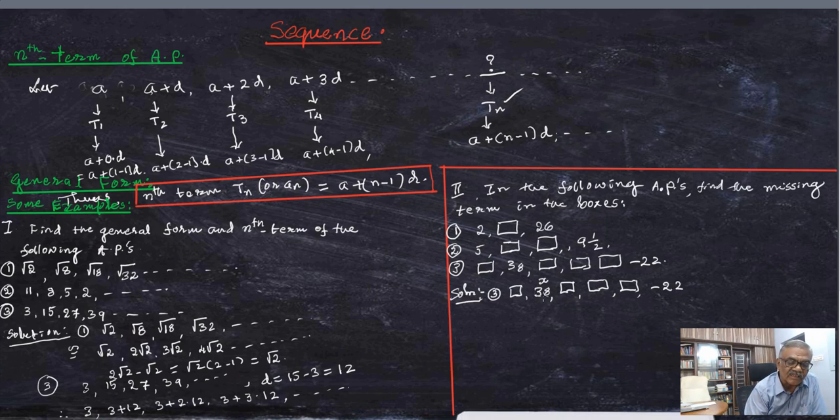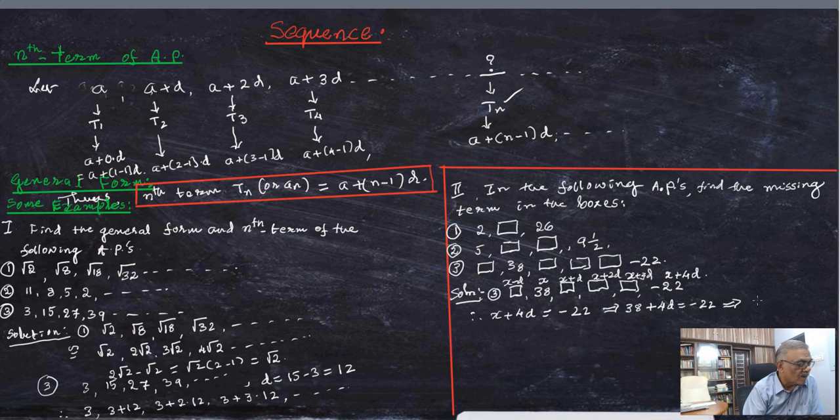If you fix 38 as x, then the first term is going to be x minus d, then x plus d, x plus 2d, x plus 3d, and minus 22 is going to be x plus 4d. Therefore x plus 4d is equal to minus 22, which implies 38 plus 4d is equal to minus 22.